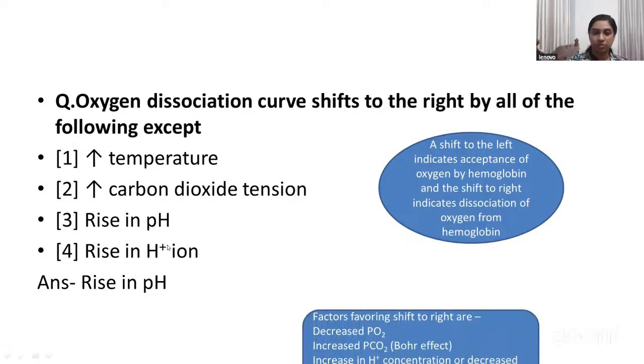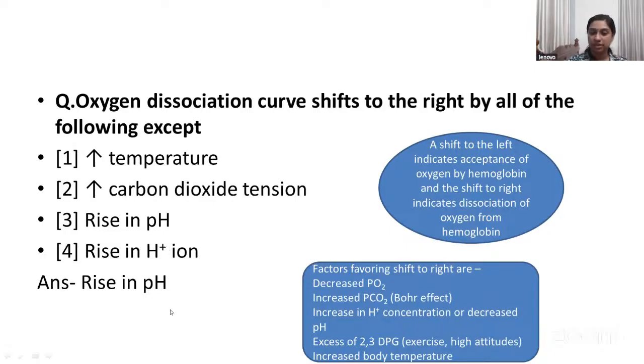These are the basic factors favoring the right shift: decreased partial pressure of oxygen, increased partial pressure of carbon dioxide, that is the Bohr effect, increase in H plus ion concentration or decreased pH, and excess 2,3 DPG, meaning oxygen will be released from the hemoglobin more readily. Usually during exercise, high altitudes and increased body temperature, there is an excess of 2,3 DPG.